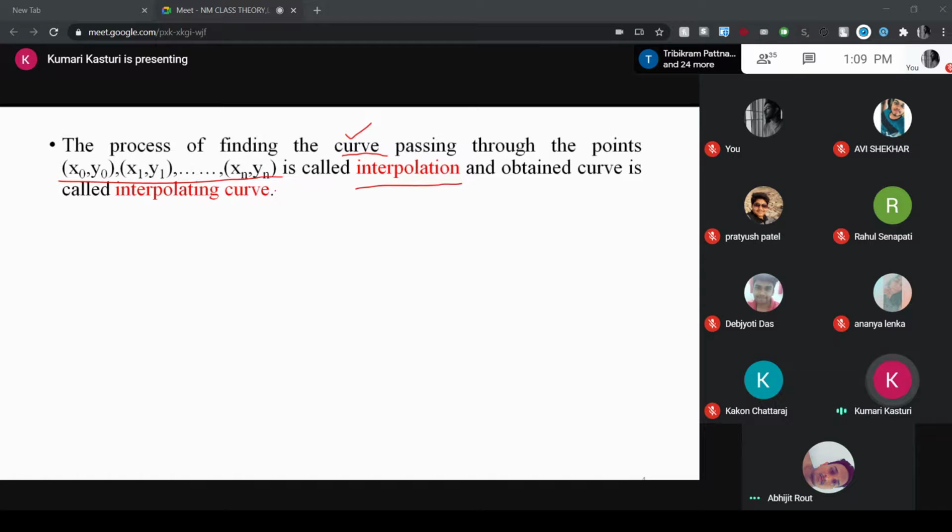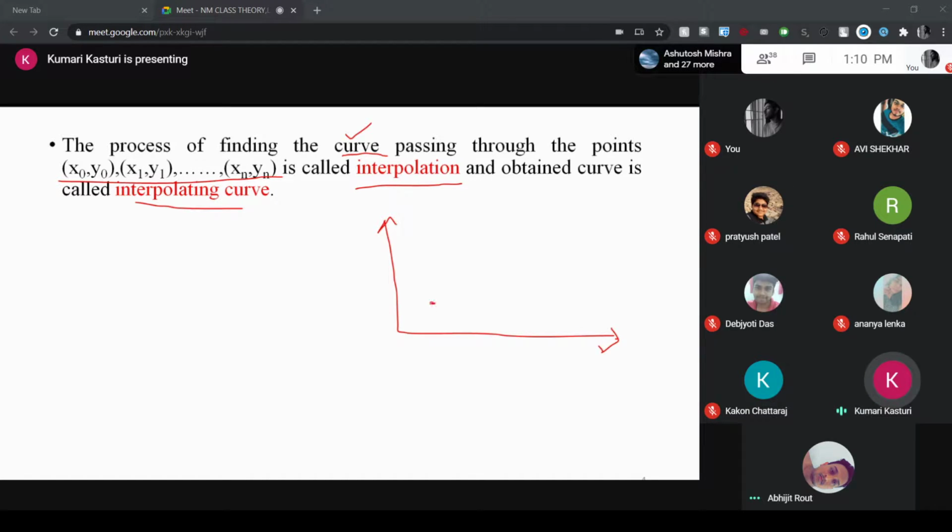By joining those data points, you have to plot a curve. Whatever curve you are getting, that curve is called your interpolating curve, and the procedure you are doing to find that curve is called your interpolation.